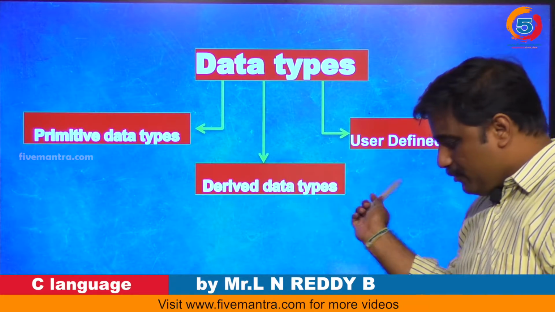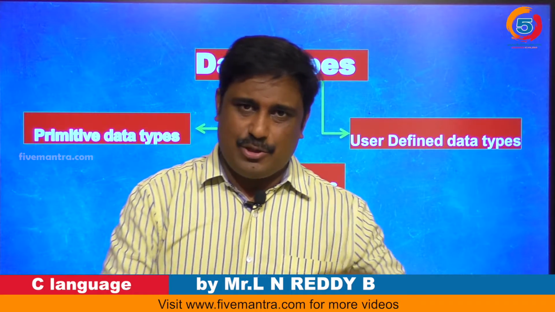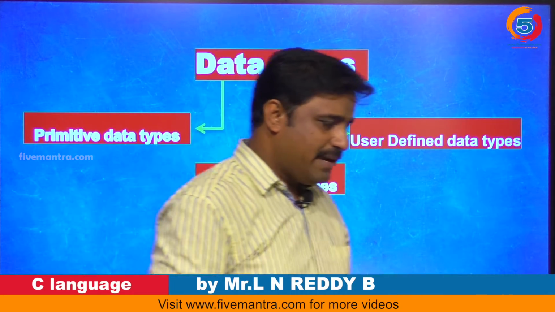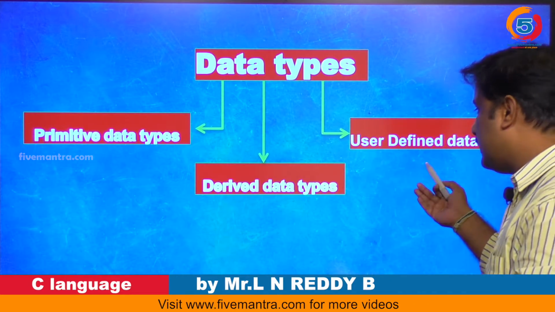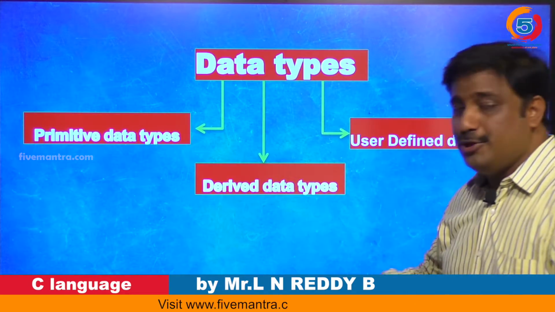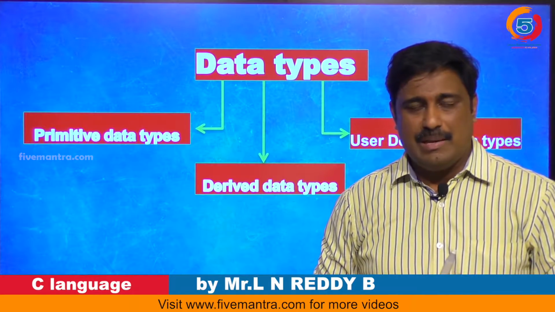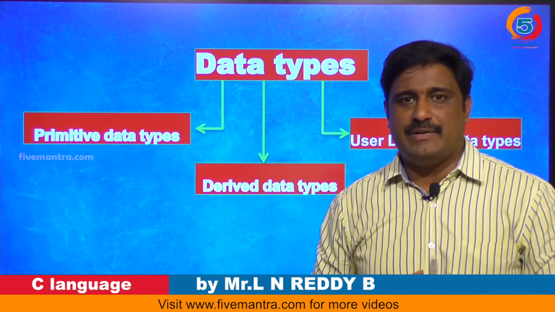Mutually you can go into that. You can create derived data types using primitive as well as user defined, and you can work with the user defined data with the help of these two also. That much flexibility we have in the C language. Because of that, we have a lot of extension in the C language.